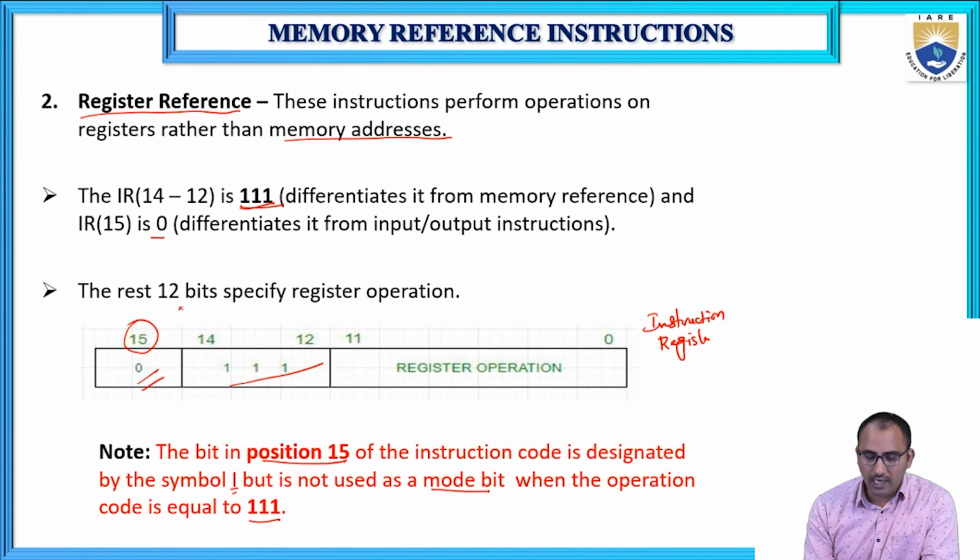But when the opcode bits are all 111, we do not use it as a mode bit. If this 15th bit is equal to 0, that is a register reference instruction. Similarly, if the 15th bit is equal to 1, that specifies an input or output instruction. Okay, so this is the second type of instruction, register reference.